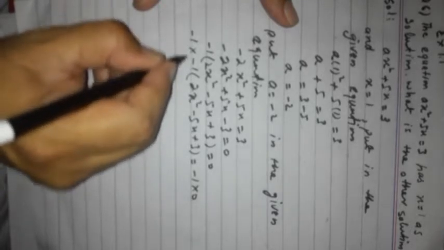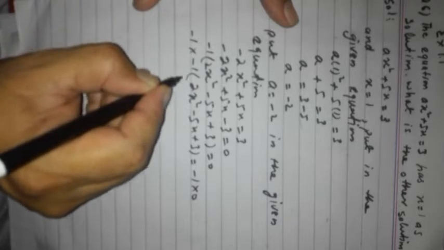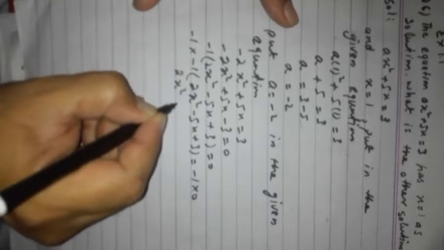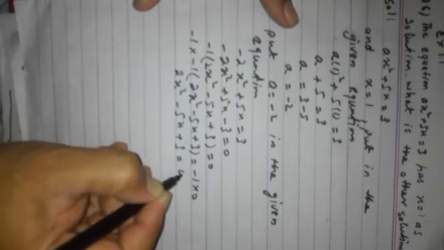So when these minus 1 multiply, we get plus 1, or 2x square minus 5x plus 3 equals to minus 1 times 0 is 0. Now we will factorize this to get the solution.